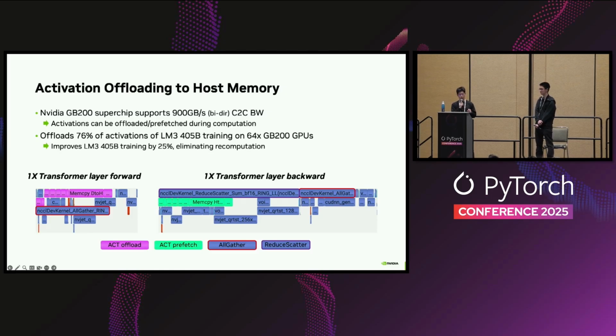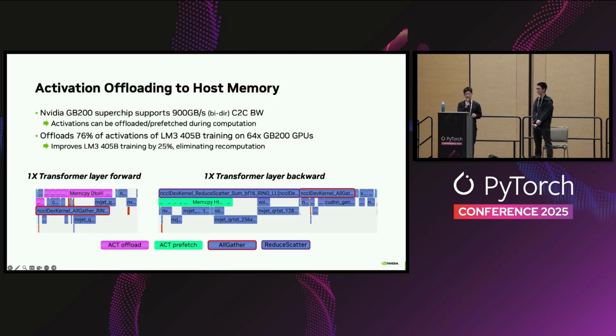I have two GPU traces here again. It looks the same as what I showed before, and there are two additional pieces of information. The pink color and the green color are the time, the bubbles, taken to offload your activation to CPU and then prefetch it from CPU to GPU. The left side is forward propagation, the right side is back propagation.